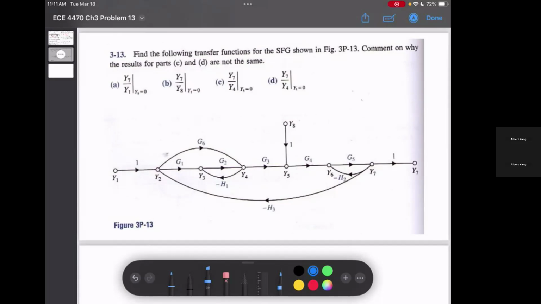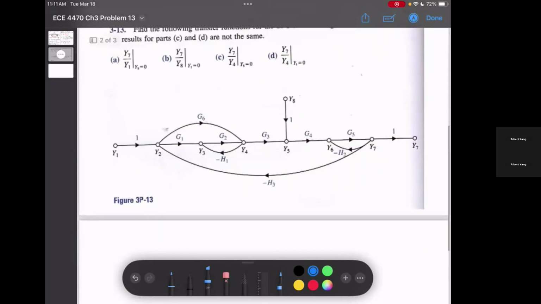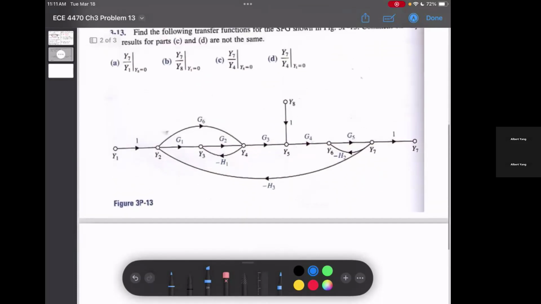So let's find all the forward paths and all the loops, and then we can go on to find the determinant. So the first forward path is going to be from Y1 to Y7 all the way through.